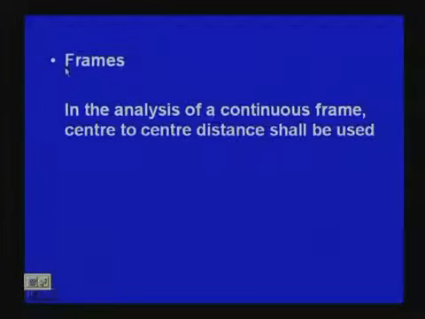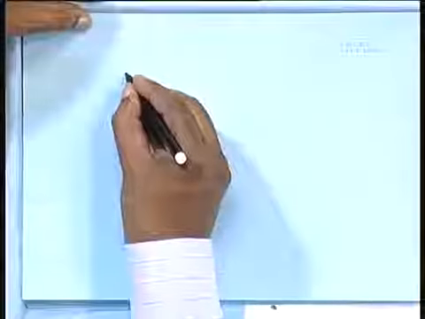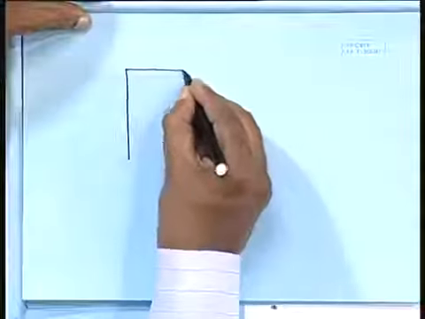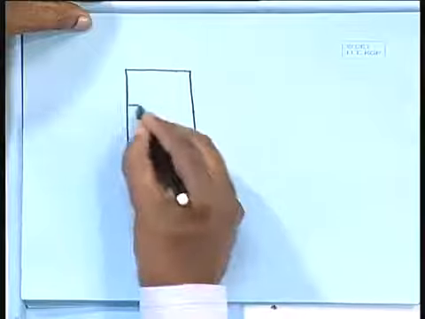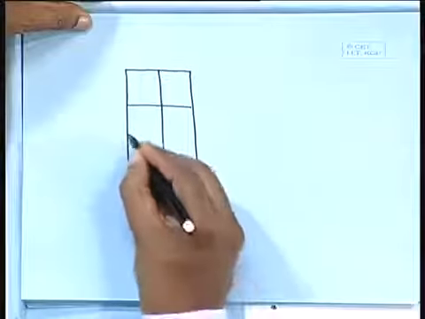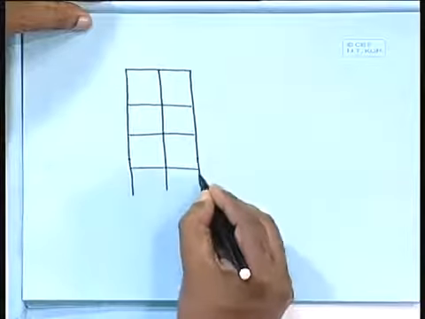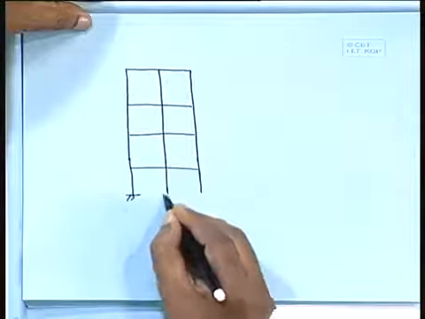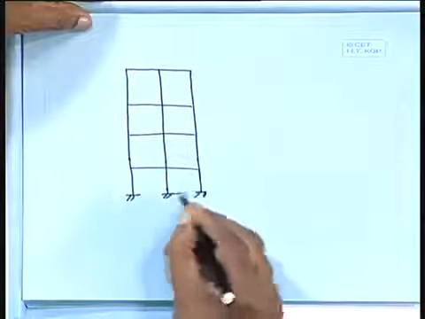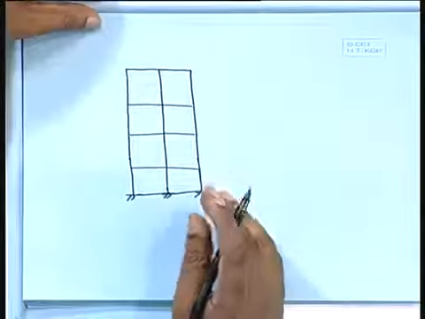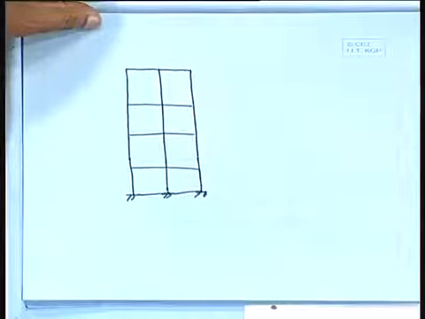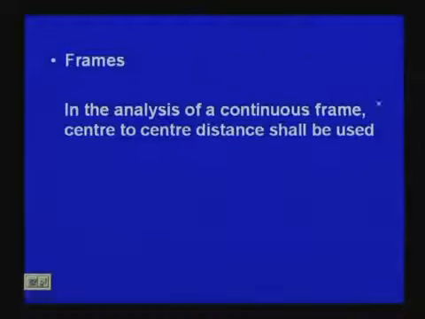But what about frames? Because we have to analyze the problem, we need this for analysis purposes. If it is a frame structure, which we can analyze with different methods, by any program, as we do nowadays, then in the analysis of a continuous frame, center to center distance shall be used.